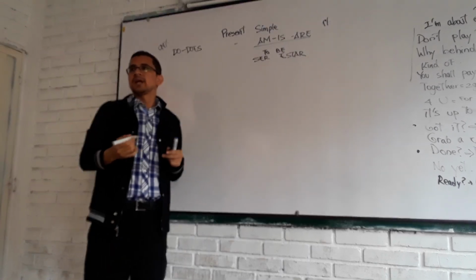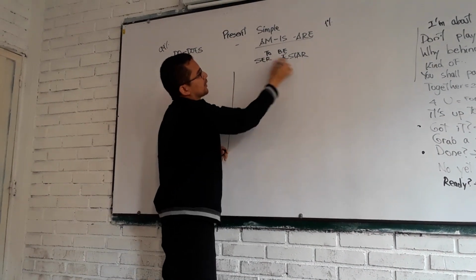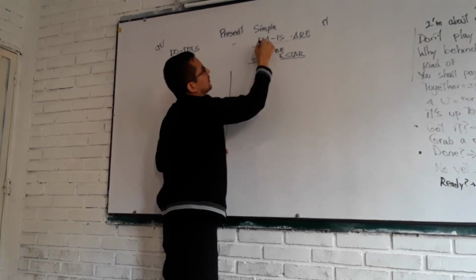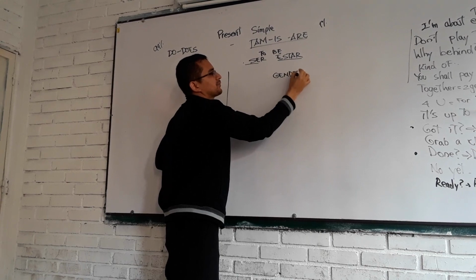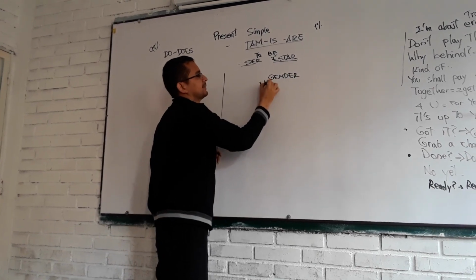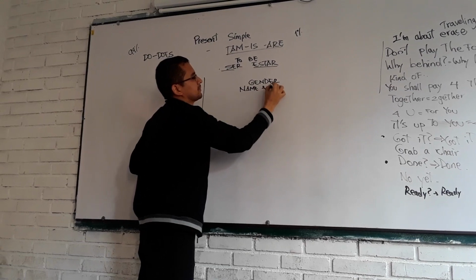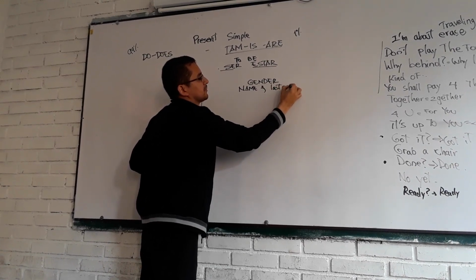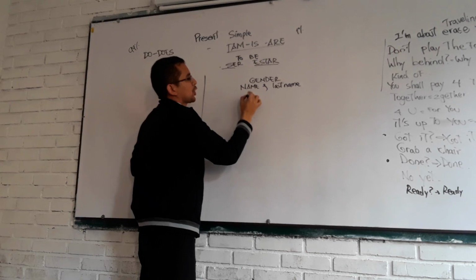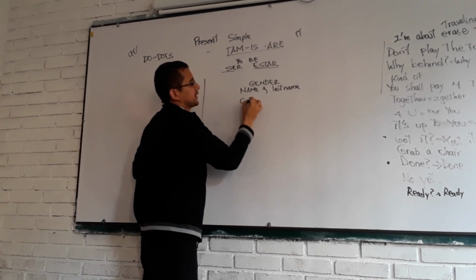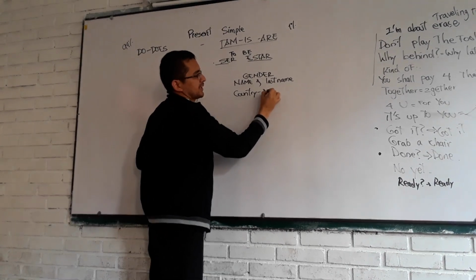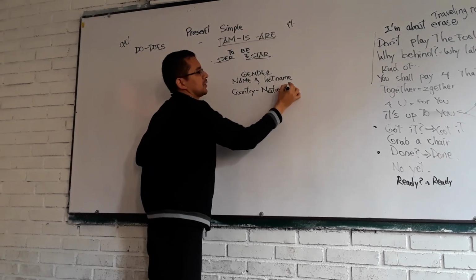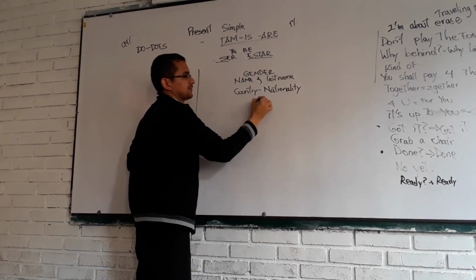verbs. What people don't like in here is about speaking about ser estar is that when you talk about these verbs or these auxiliaries, we make reference to gender, we make reference to name and last name, we make reference to country, we make reference to citizenship, nationality. We talk about age.